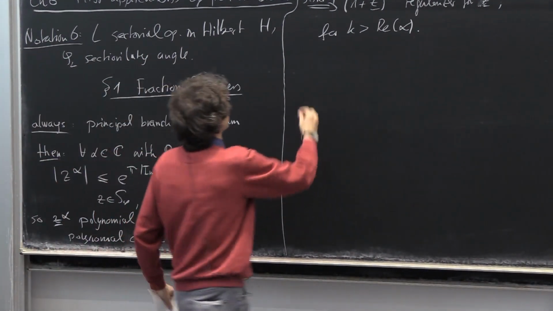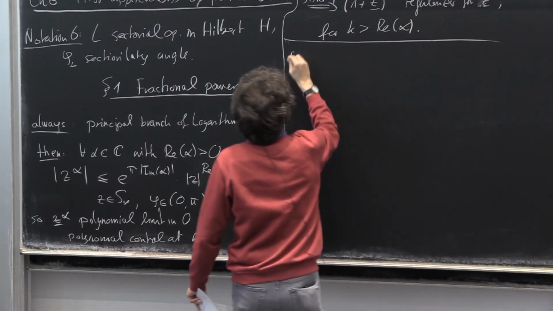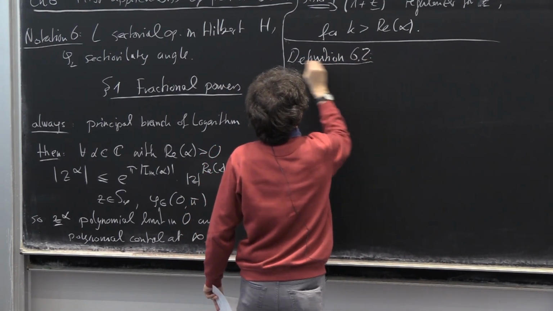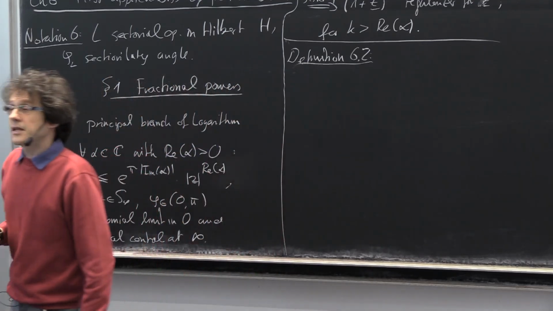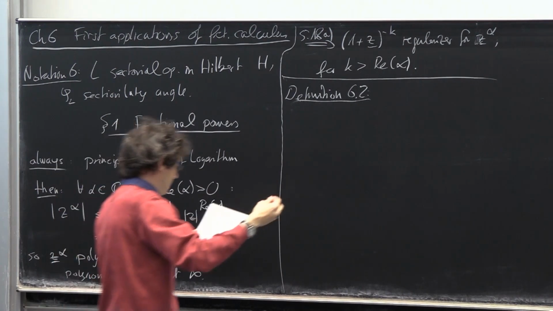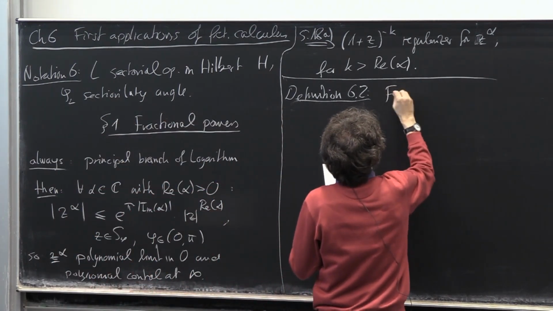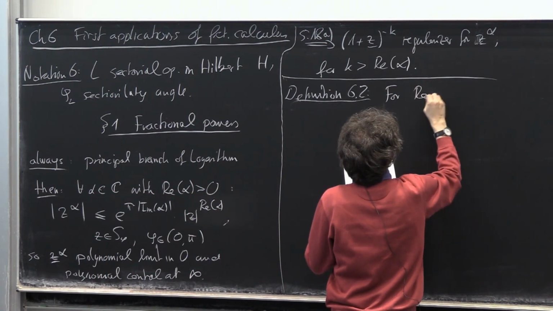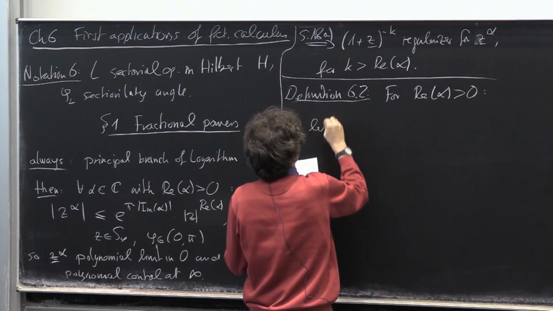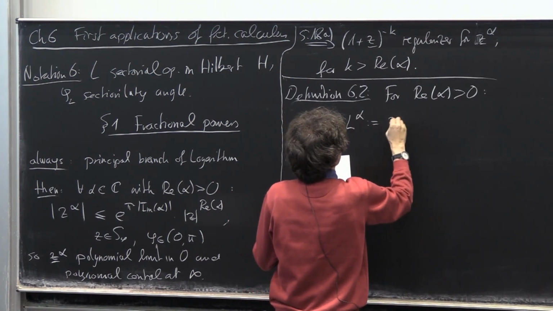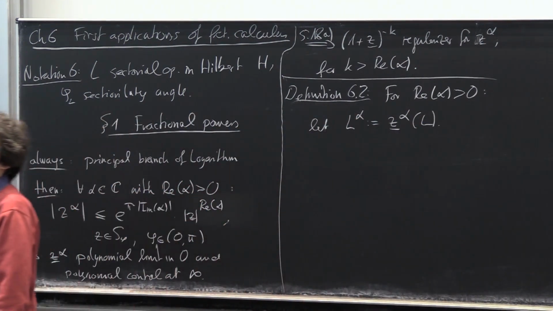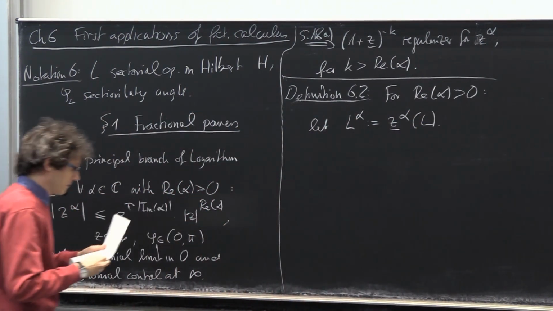Okay, and this now gives us the possibility to define fractional powers. So definition 6.2. This means our function z to the alpha is a regularizable function, so we can plug in L. And for every exponent with positive real part, we just define L to the alpha as the result that you get if you plug L into this power function.